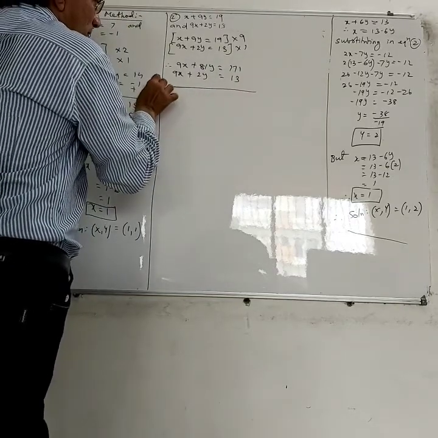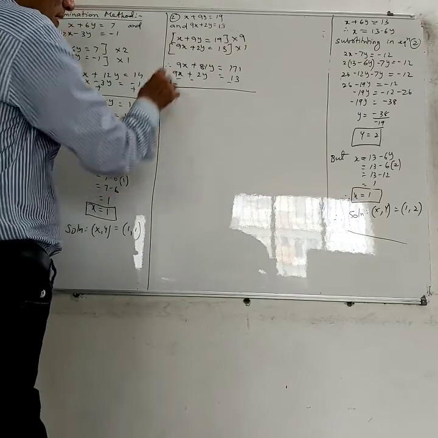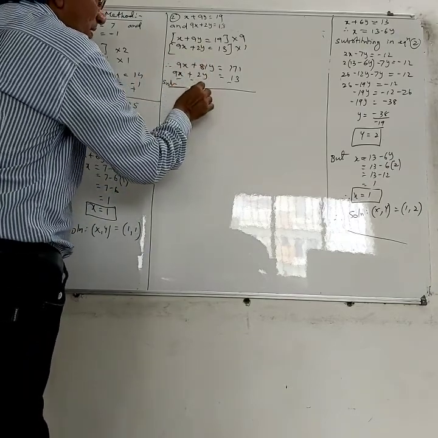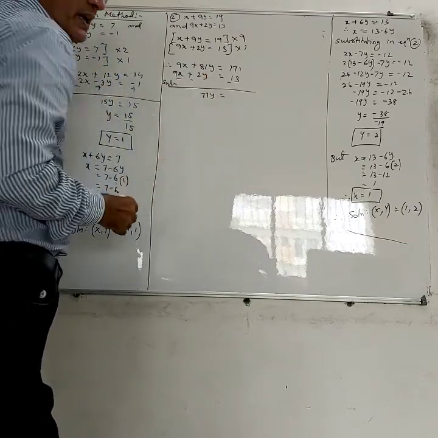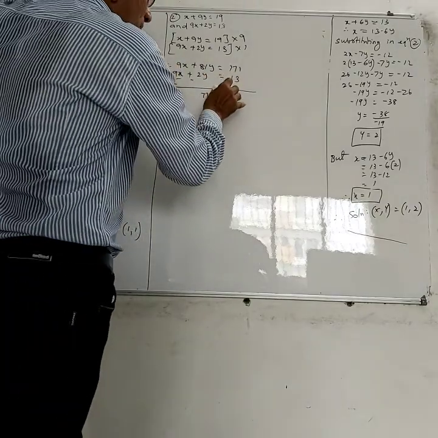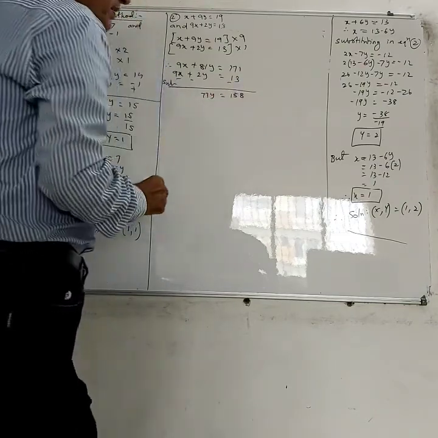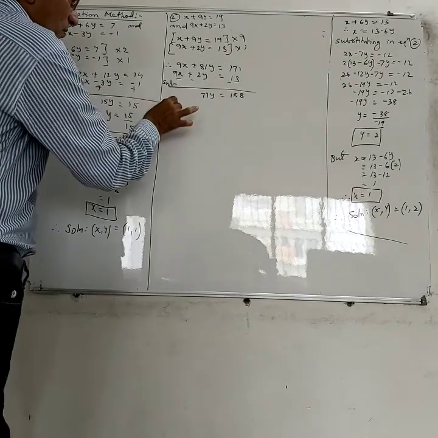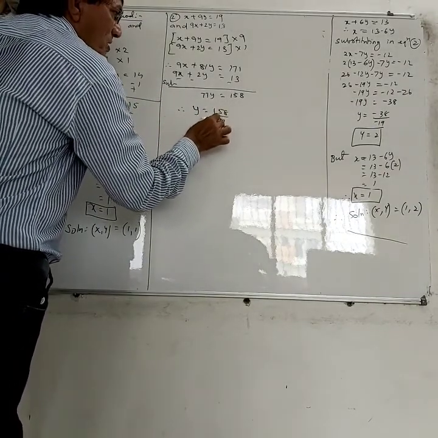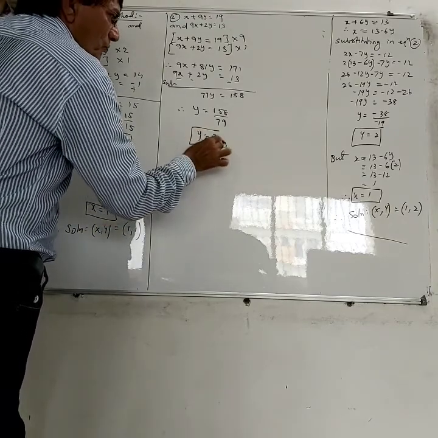Now you subtract. 9x minus 9x becomes 0. 81 minus 2 is 79y and 171 minus 13 is 158. Therefore, y is equal to 158 upon 79, and therefore y is equal to 2.